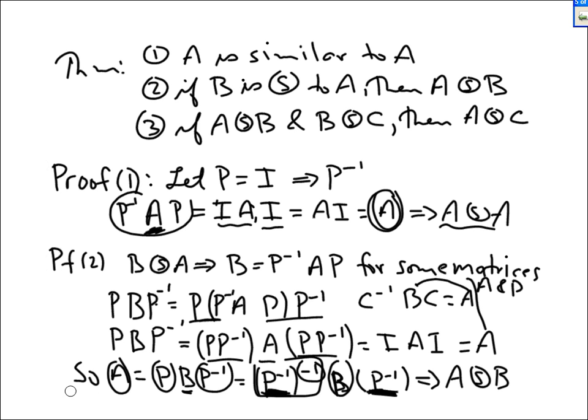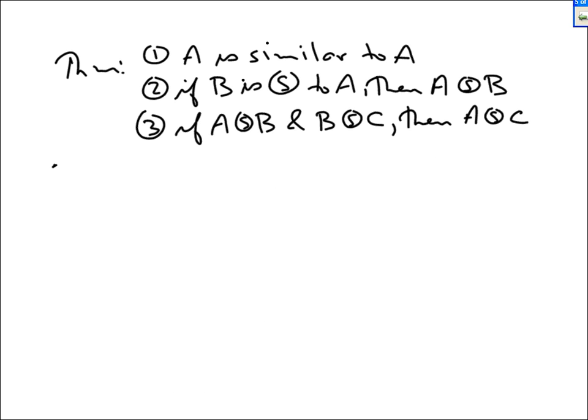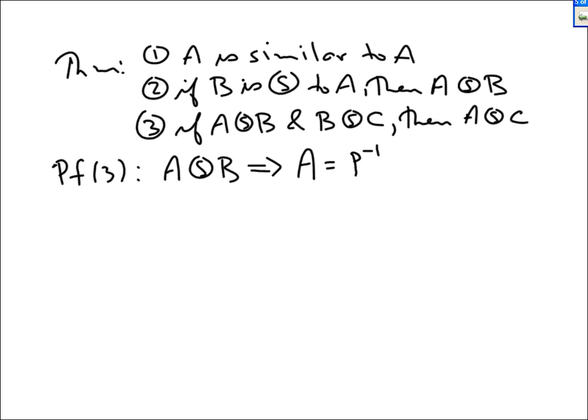Okay, proof number 3, not C, excuse me. The proof of 3. Let's see what that's going to look like. A is similar to B. This implies A is equal to P inverse BP.